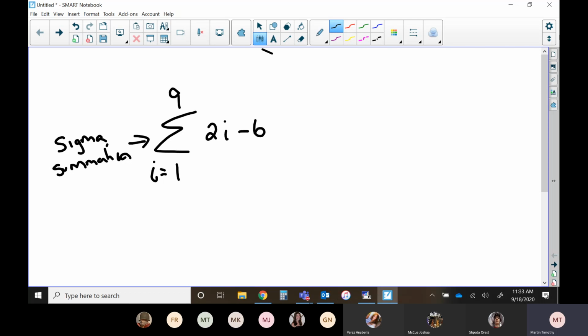It can be any letter. It could be X, it could be J, it doesn't matter. Here's what this means. When would you use this? Sometimes they write it like this when they write the equation.